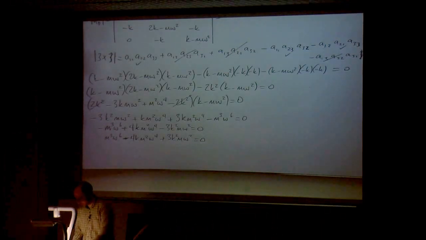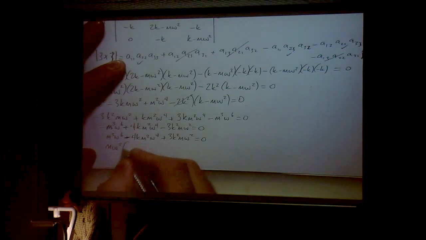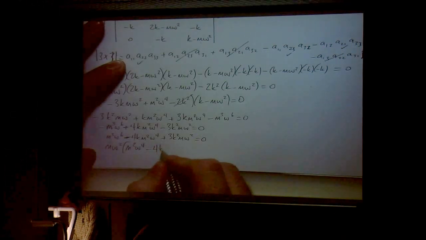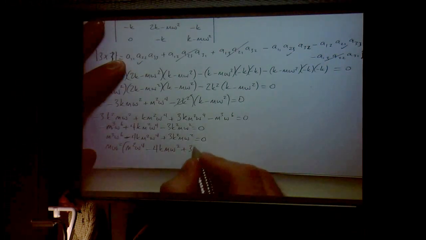This is where the trick comes. So this becomes m squared omega to the power 4, minus 4k m omega squared, plus 3k squared.